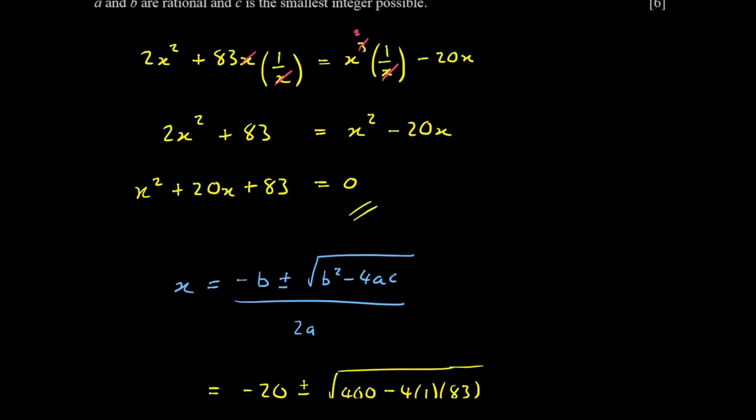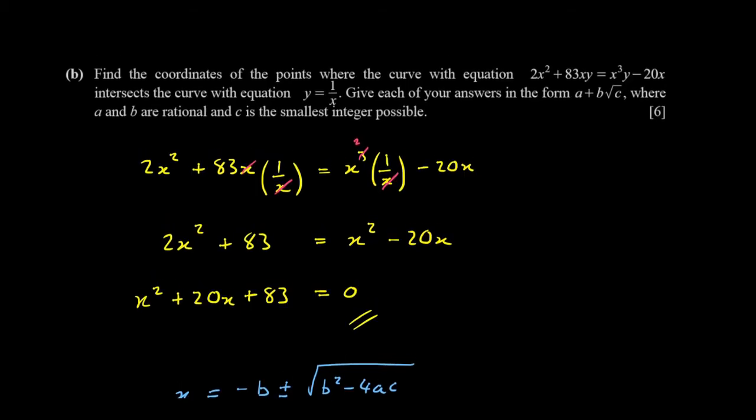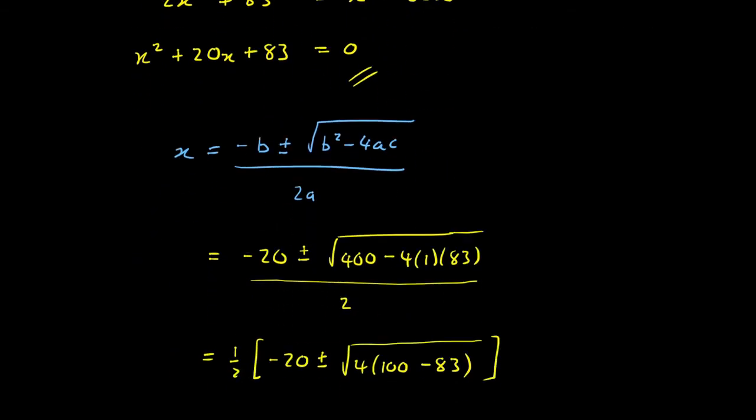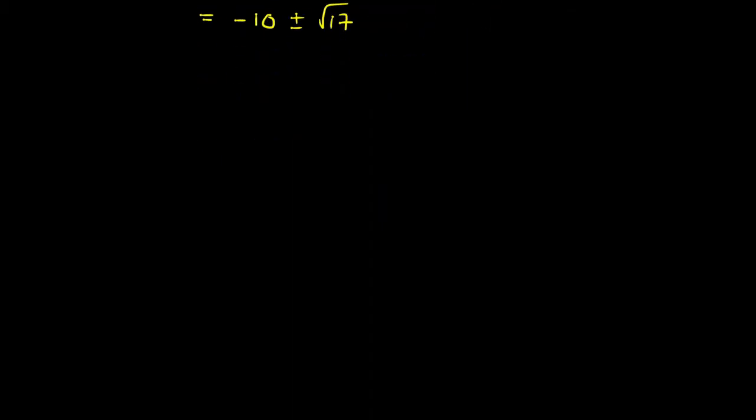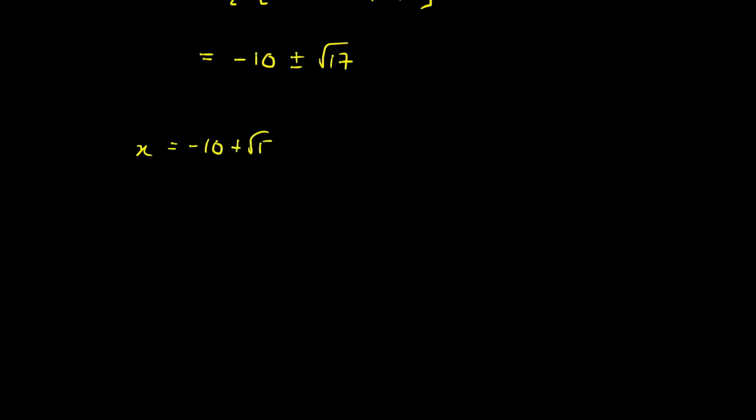Now, what are we asked to find in the question? Find the coordinates of the points. So we've got two x coordinates. We have either got x is equal to negative 10 plus root 17, or we have got x is equal to negative 10 minus root 17.